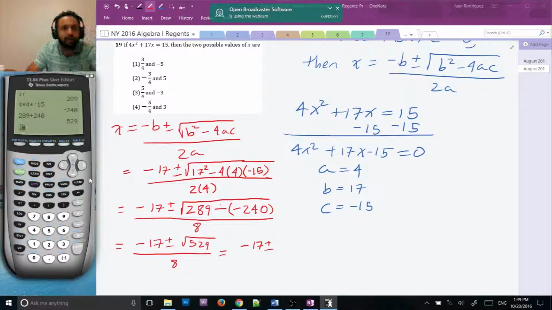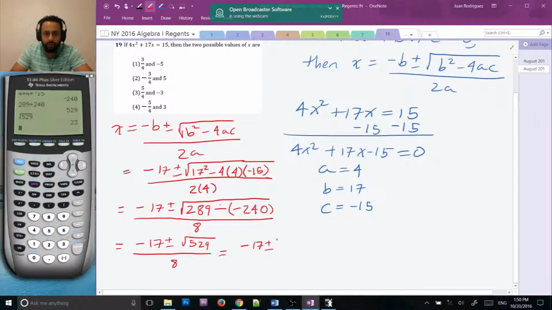And then I'll change the color of the calculator after this video. Sorry for the little delay. I'm actually really colorblind, red-green colorblind. 529 is 23. Sorry, I'm not going to redo this video just for that little pause.